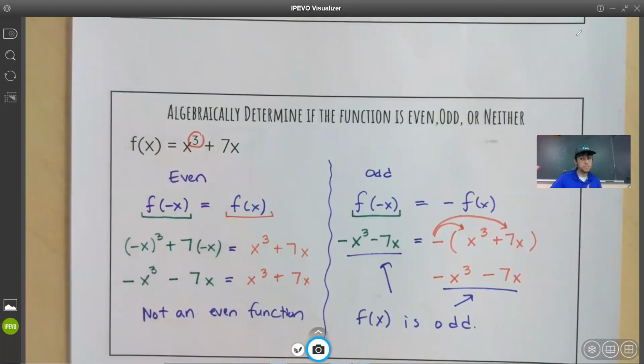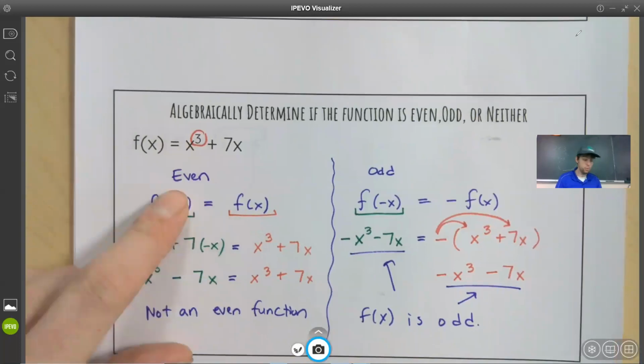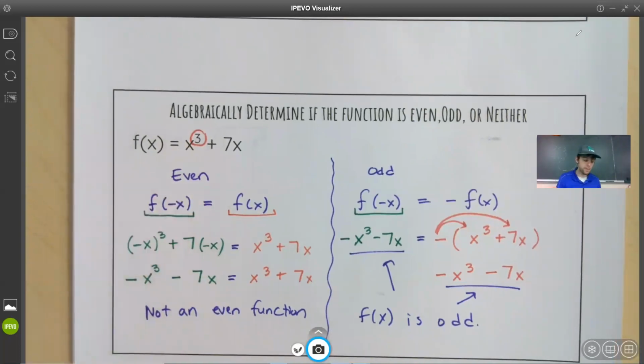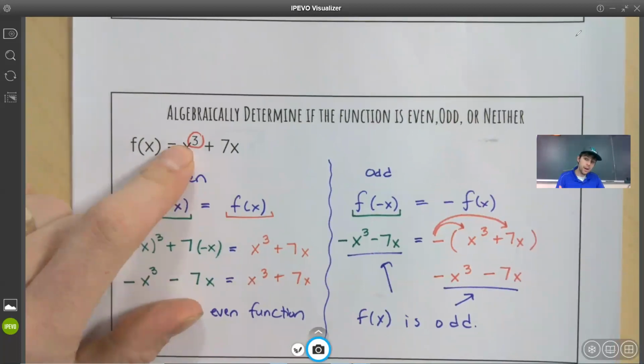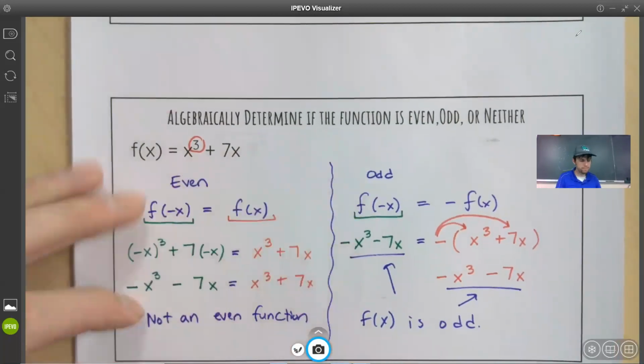It won't always be odd, but it could be. It won't be even. So anytime we have polynomial functions, x to some power and then descending from there, we should be able to use that as a guideline to decide whether we should look at this being an even function or an odd function, and then just make that one test. So since this was an odd power, we should only test odd.